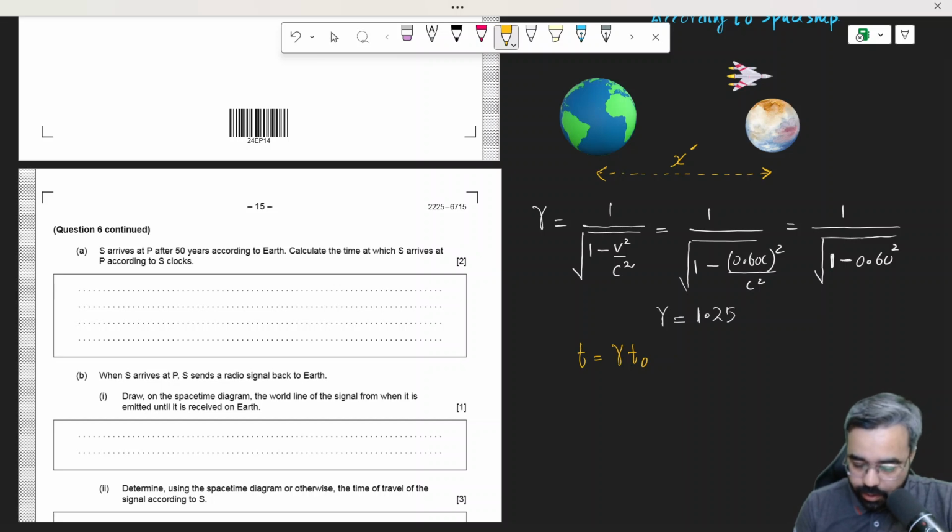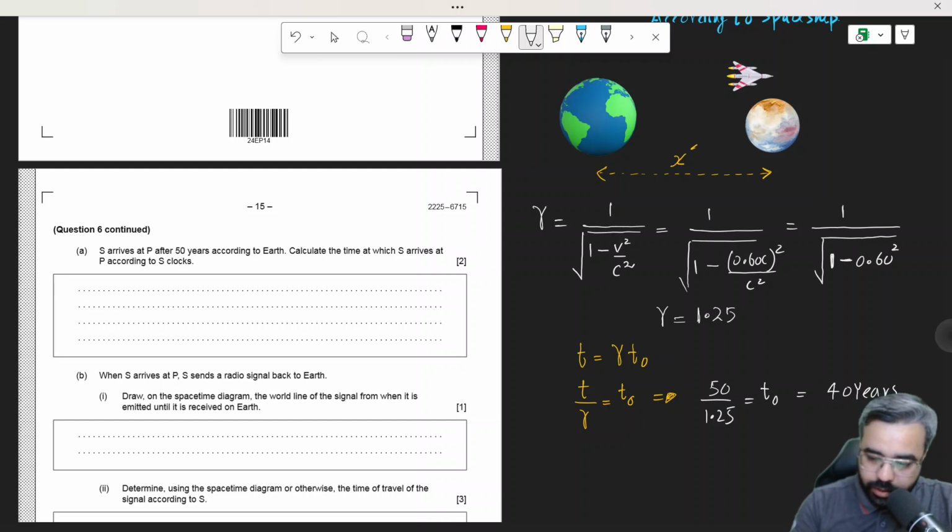So t over gamma is equal to t0, right? Let's put the values: 50 over 1.25 is equal to t0, and that is 40 years. So it means that just 40 years passed for the person who is in the spaceship, right?